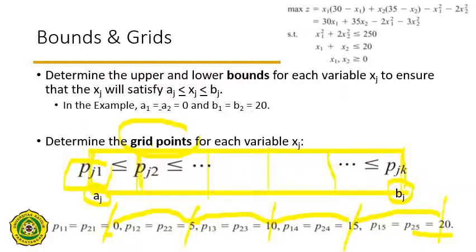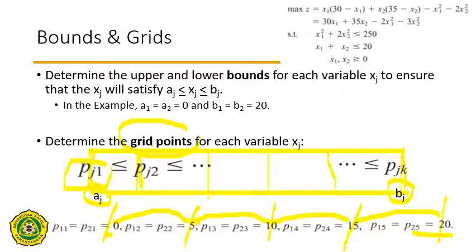You are allowed to create different grid points for x1 and x2, but in this example, we use the same grid points for x1 and x2. And they happen to have the same lower bound and upper bounds. So the bounds are the same and the grid points are the same. Although, as I've said before, you may have different bounds and different grid points for each variable.